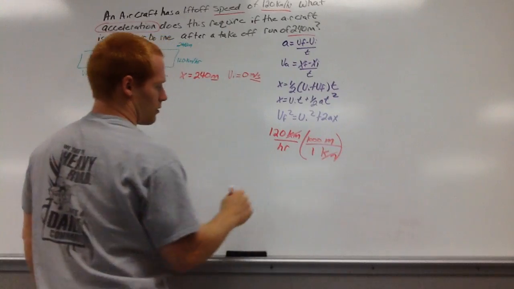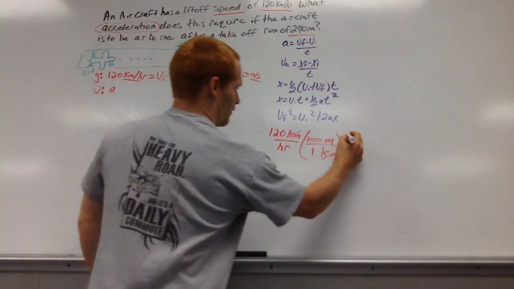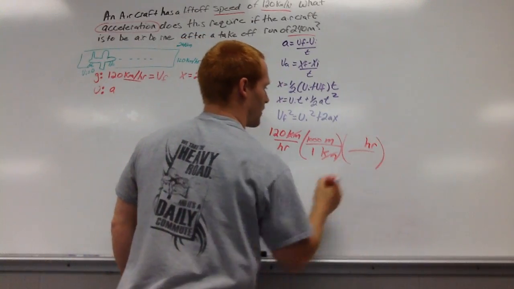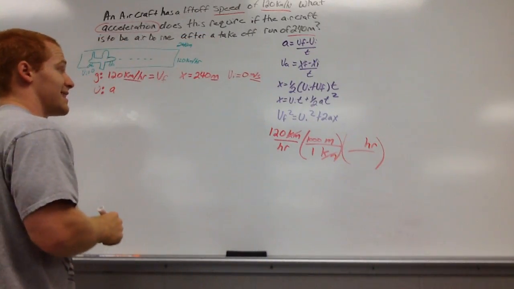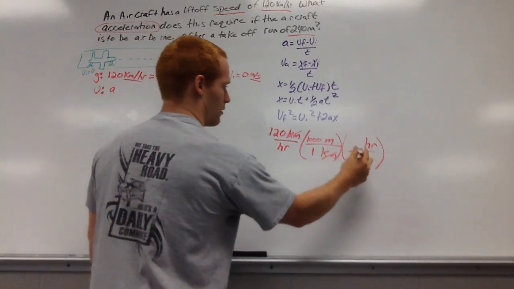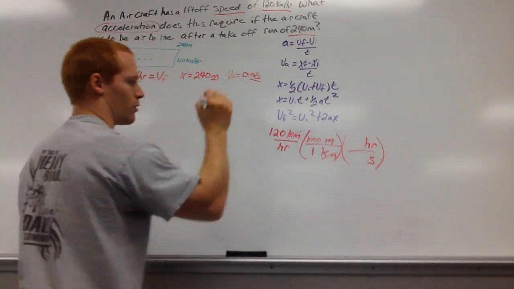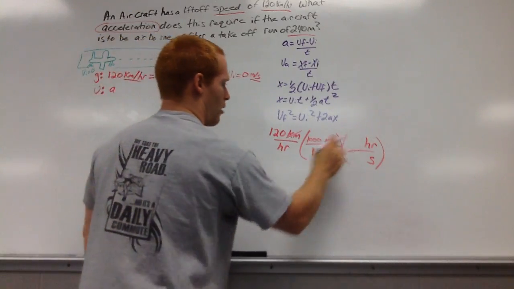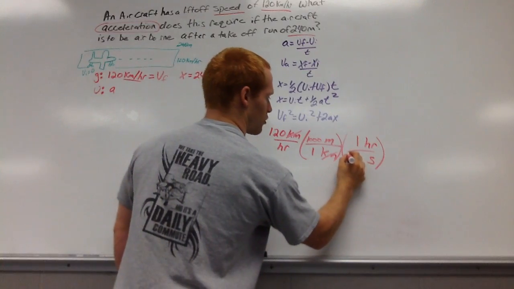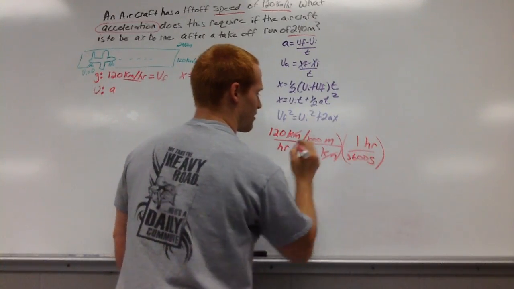Hours we want to get rid of, so if they're on bottom, we have to put hours on top. We're trying to convert hours to seconds, so we're going to have to put seconds on bottom. Hours is going to cancel out. Since an hour is bigger, it gets the 1, and there's 3,600 seconds for every hour.